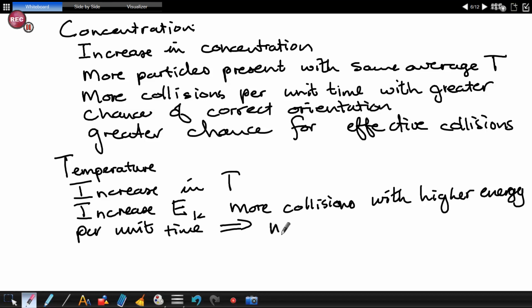That will lead to more effective collisions. So here, it's the energy of the particles that changes. Because they are moving faster, they will collide more often. There will be more collisions with the correct orientation at a higher energy, and that leads to a faster reaction rate because of the increased energy.